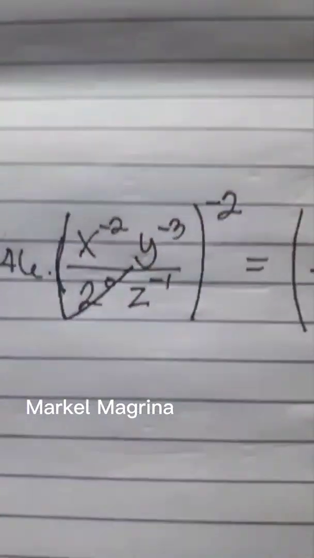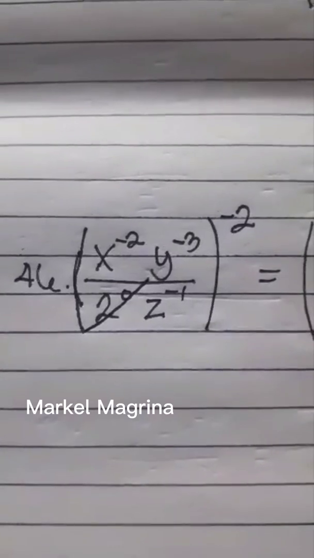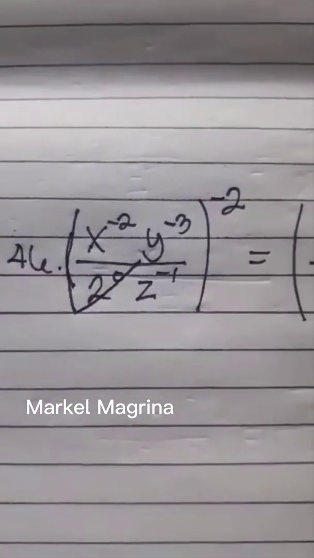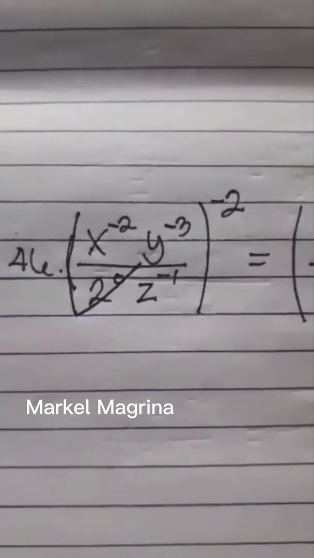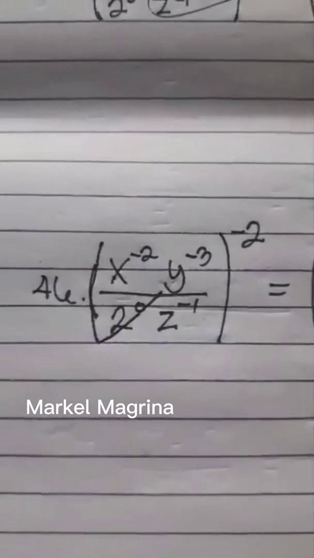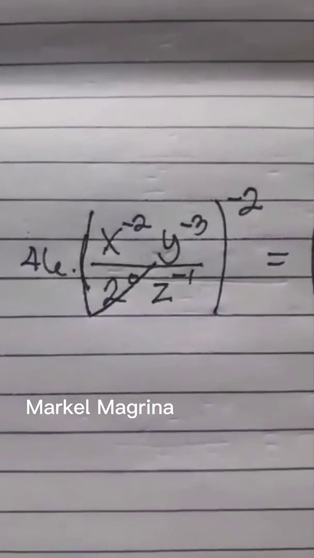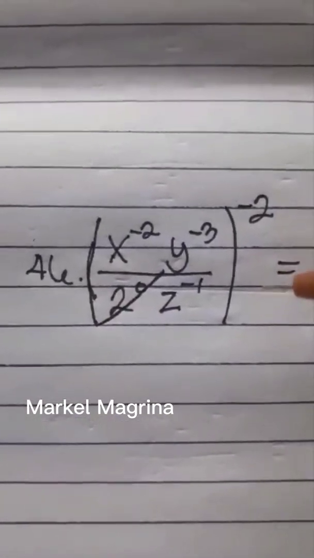Or you can make it 1, as in number 18: any non-zero expression raised to the power of 0 is equal to 1. You can do that, but I just cancel it out because it's easier to work with. So, cancel out 2 to the power of 0.